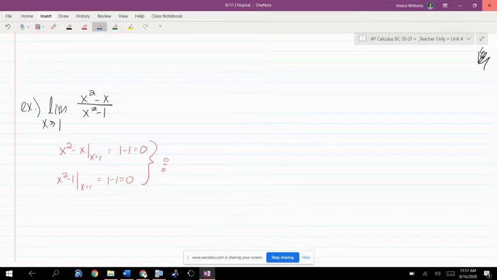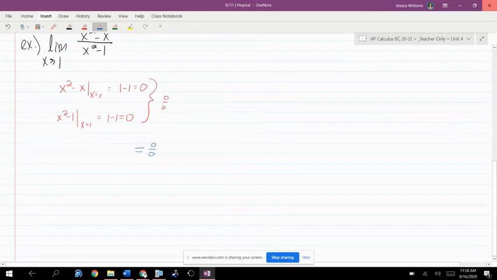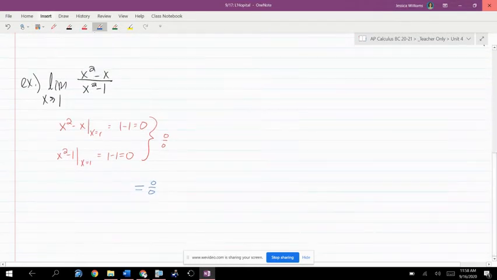Please note, the thing that's going to make them crazy and will not grant you any points, even if everything else is perfection, is that you cannot write equals 0 over 0. There should be no equal sign leading to your 0 over 0 anywhere on your paper. So don't do it. Now that we have shown that this is a 0 over 0, it means we can apply L'Hopital.